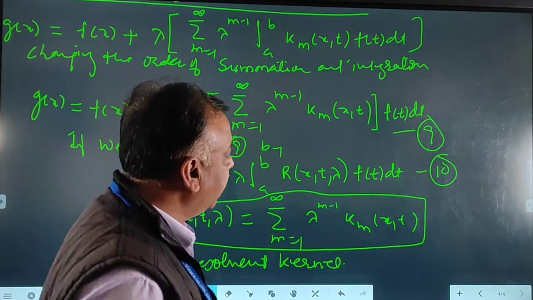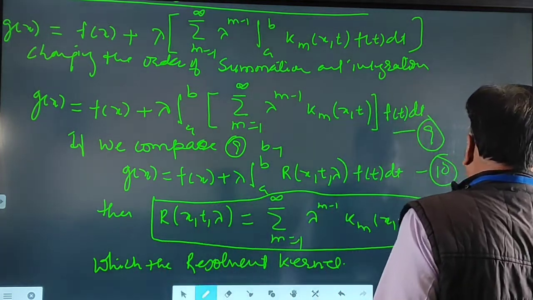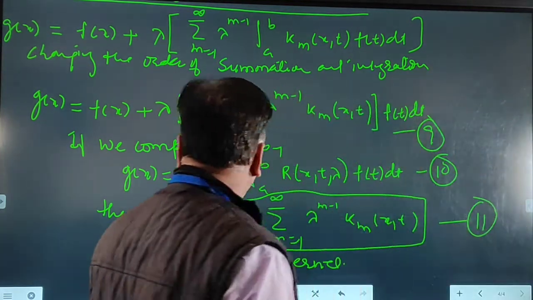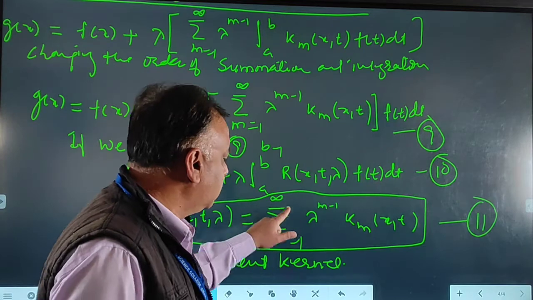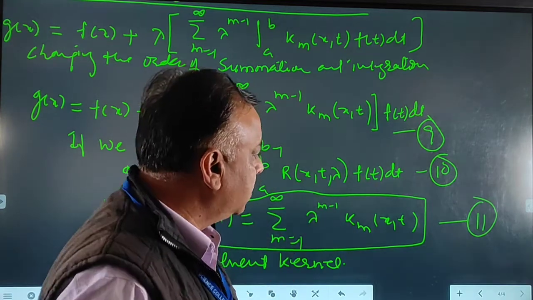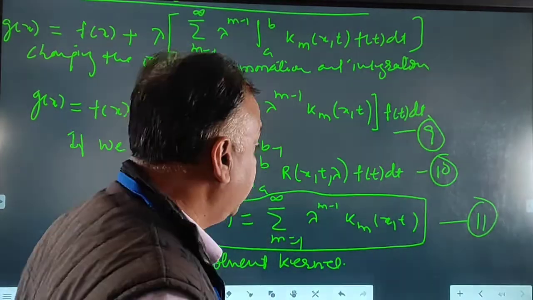So the resolvent kernel can be obtained by equation number 11.